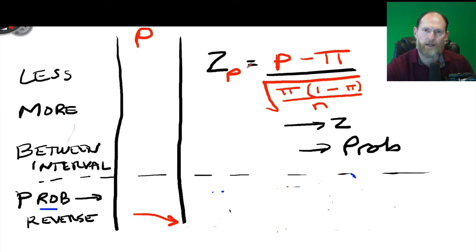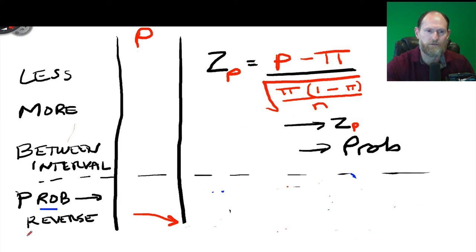Once we do all that, we will get a z-score of P, and with that, we'll go to our z-table, and out of that, we'll come up with the probability of that sample proportion occurring given the population proportion, and so that'll be that.